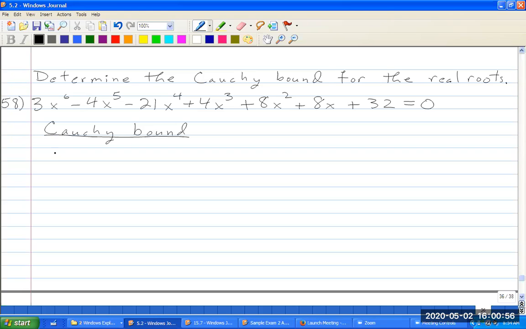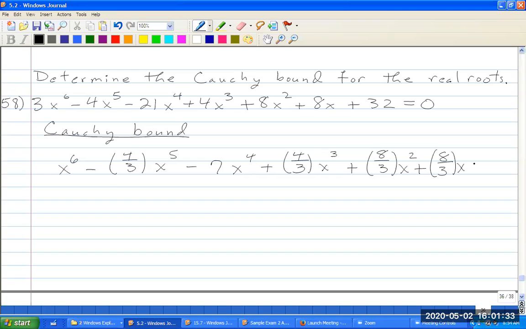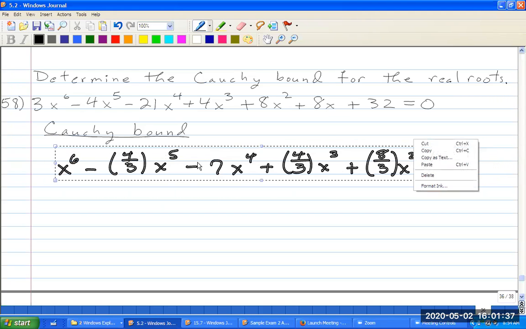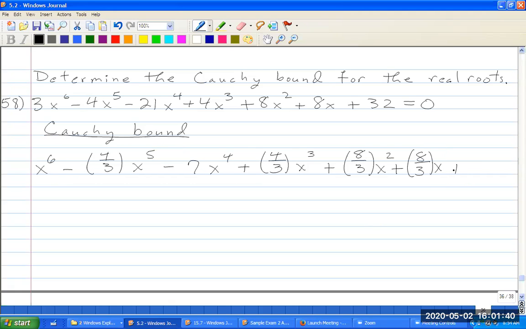And so let's write this as x to the 6th minus 4/3 x to the 5th minus 7x to the 4th plus 4/3 x to the 3rd plus 8/3 x squared plus 8/3 x plus 32/3 equals 0.